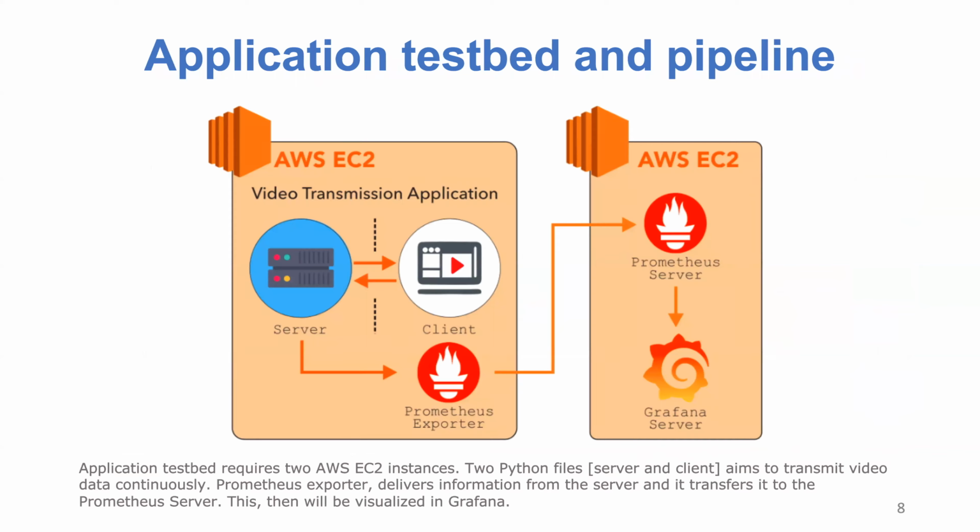The test bed of our lab today is built using Amazon EC2 services. The video transmission application simply has a server and a client, where we will be using a Prometheus exporter to send data to a different instance, from which we're going to use Grafana and Prometheus to visualize the data.